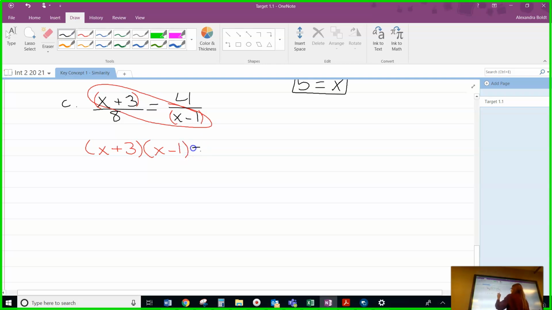So x plus 3 times x minus 1 is going to equal 8 times 4.